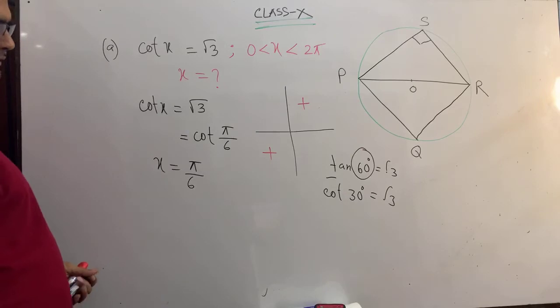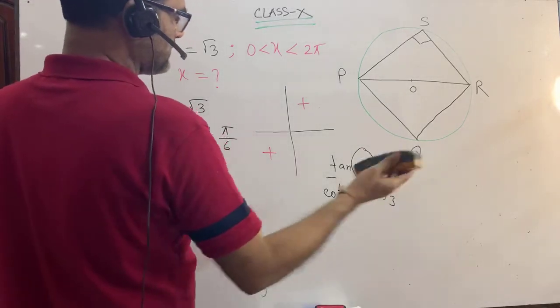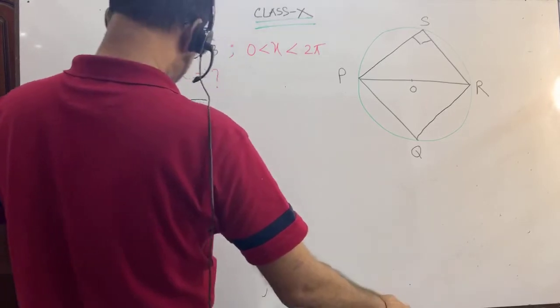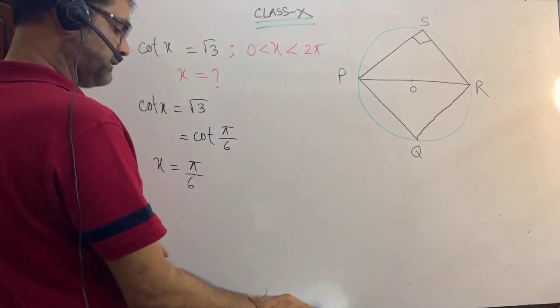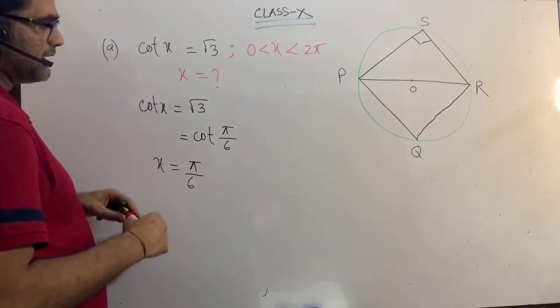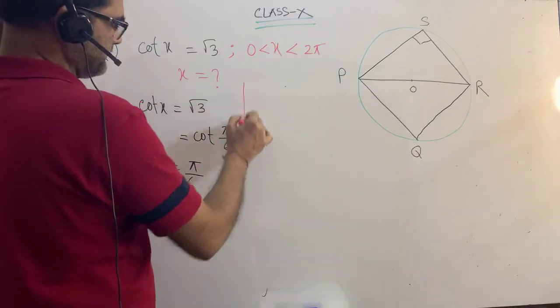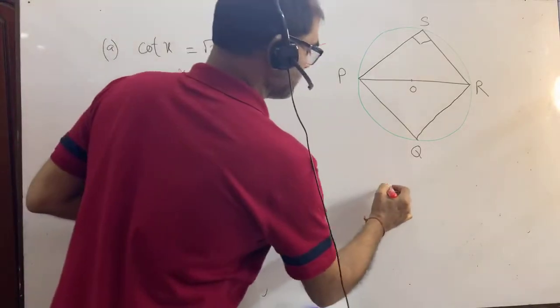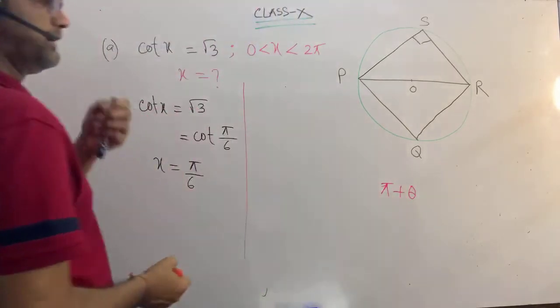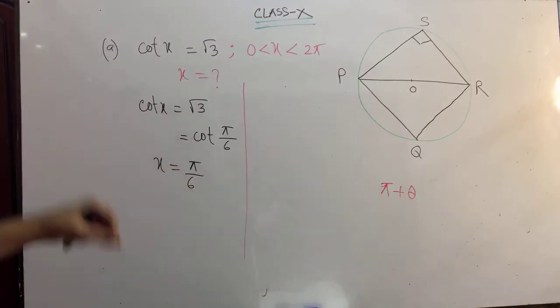Then what I told you for the third quadrant, can you remember please? For the third quadrant, you were told like this: pi plus theta. Can you remember? Pi plus theta.